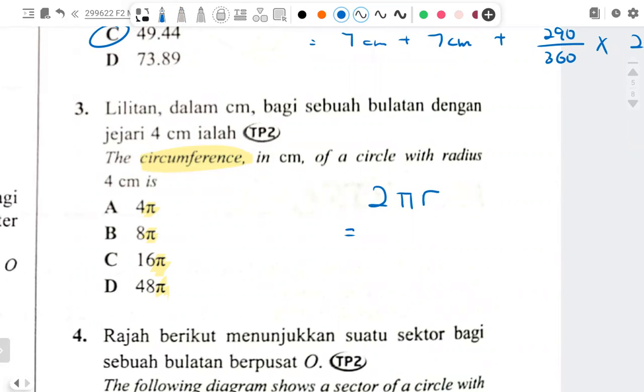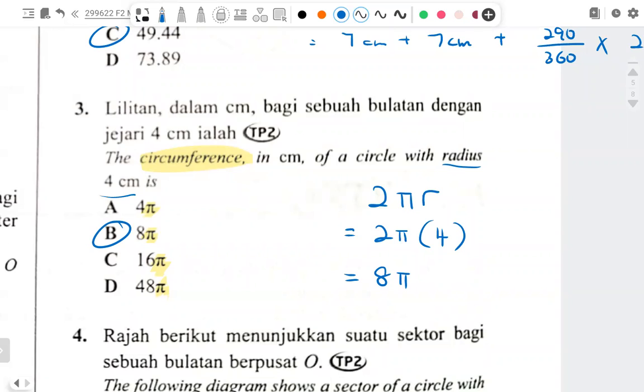So, 2 pi times radius. Radius given 4 cm, so times 4. So 2 times 4 is 8. So answer is 8 pi. That's the answer. So you have to refer: if let's say objective, look at the symbol pi is still in the option there, then you no need to change it. Just write back pi only.